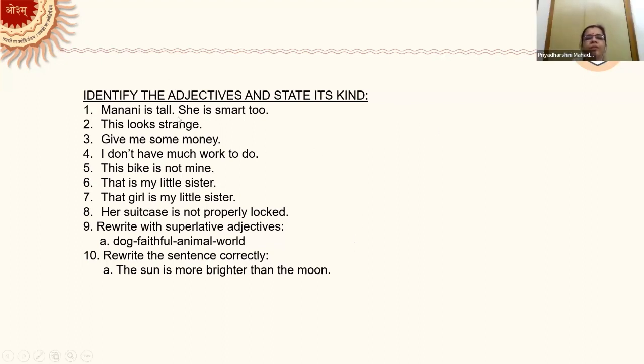So you can give this type of worksheets. Once you complete the adjectives concept, you can make them identify all kinds of adjectives in the same worksheet also. Or in the same worksheet, you can give five questions pertaining to one type of adjective, so that the children will be familiar with the types of adjectives. We will move on to the next slide.